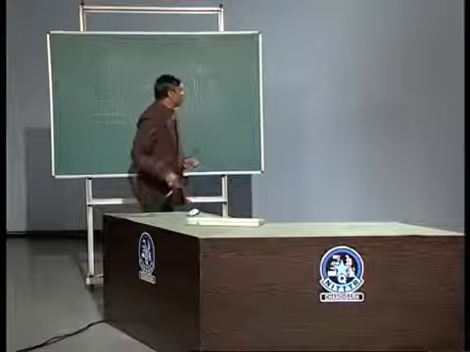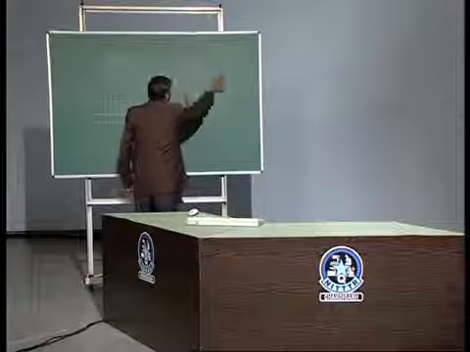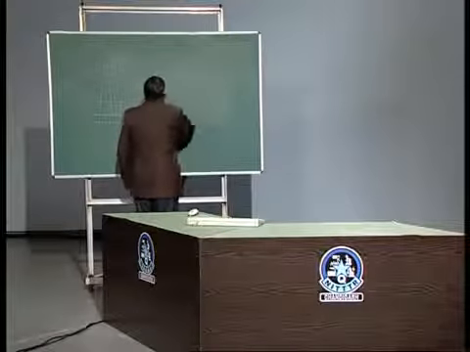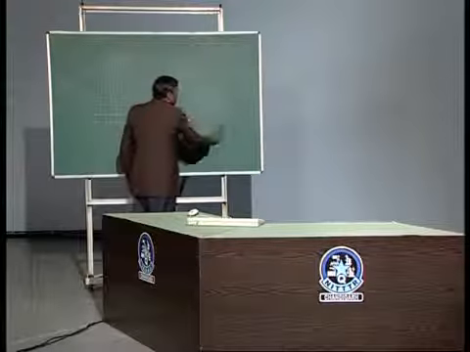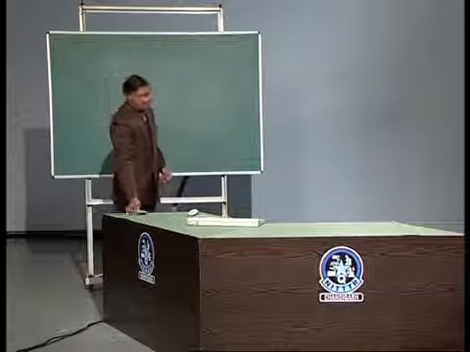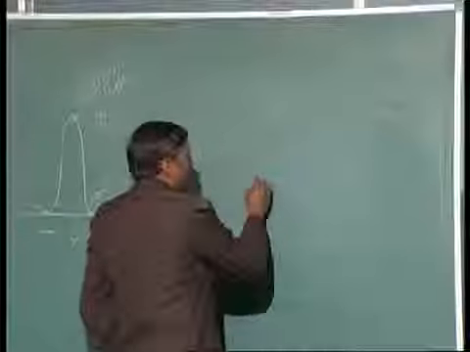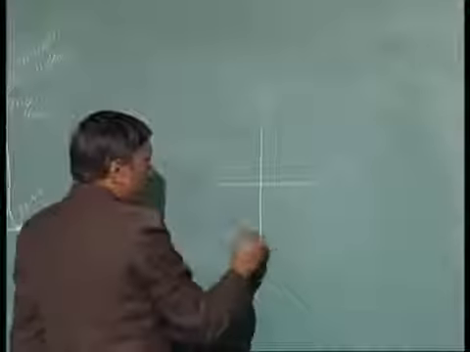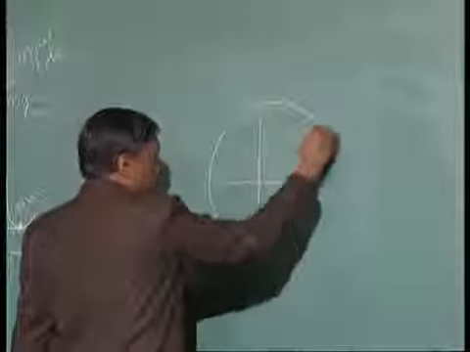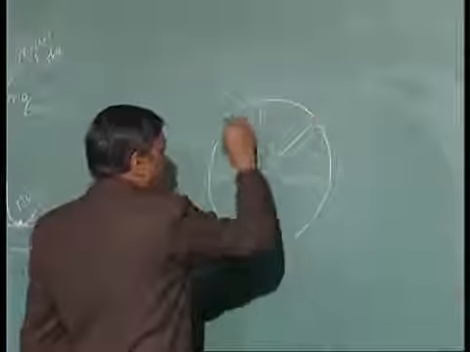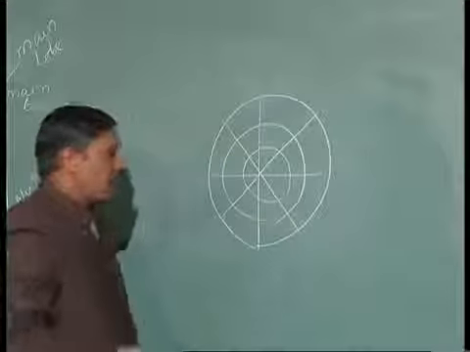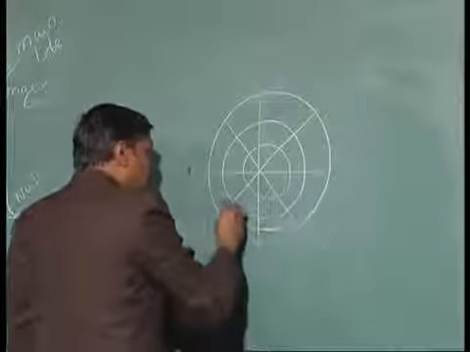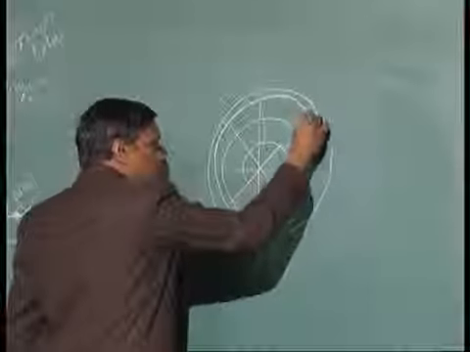Now, I will raise a question for you. Let us say we have an antenna which is radiating uniformly in all directions. Like when we are drawing the radiation pattern, imagine that this antenna is radiating like this uniformly in all directions.